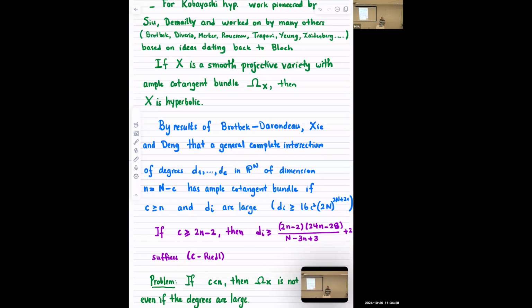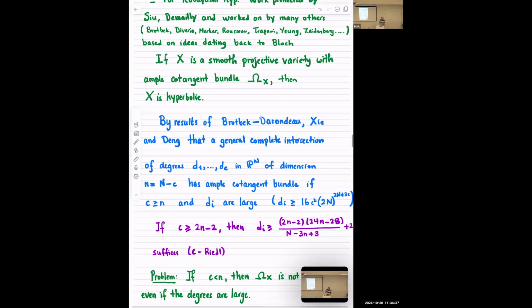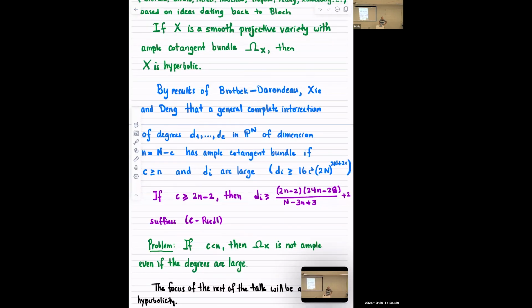One thing that we do know is that by results of Brotbek, Darondeau and Deng, a general complete intersection of degrees d1 through dc in P^n, where the dimension is less than or equal to its codimension and the degrees are really large, has ample cotangent bundle.